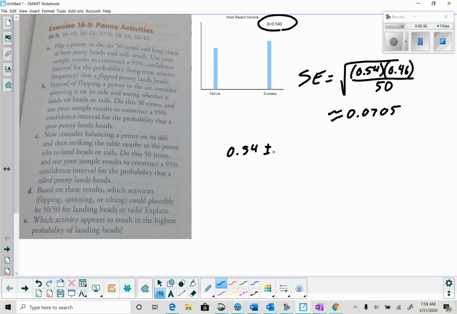They asked for a 95% confidence interval. So now we need to look up what our critical value, that z star, is. If it's 0.95, that critical value is always going to be 1.96. And then we have to multiply that by our newly calculated standard error, 0.0705.